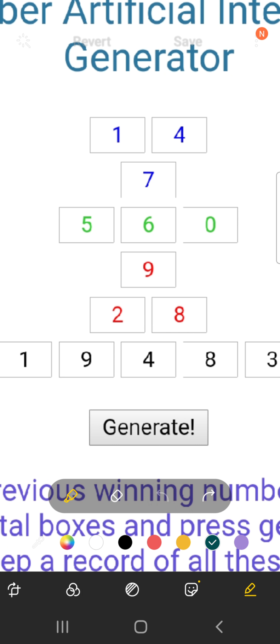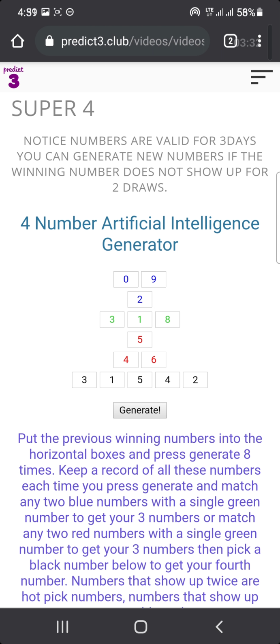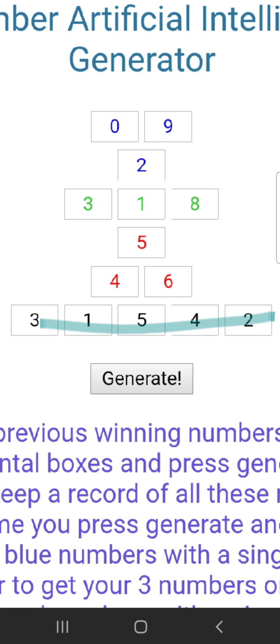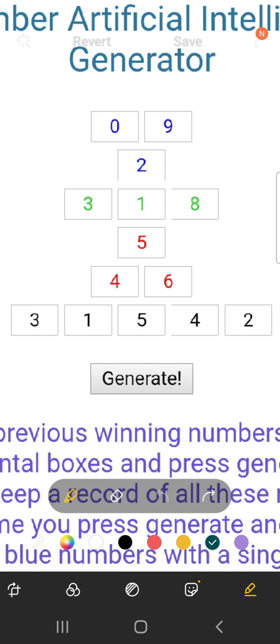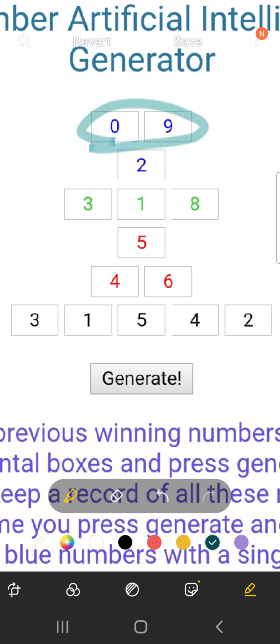You're going to go back, as I tell you, in the same section where you generate. You notice it has different numbers below, because each time you generate you will get different black numbers below. So here we have the same 980, with the 3, with the 1, and with the 4.